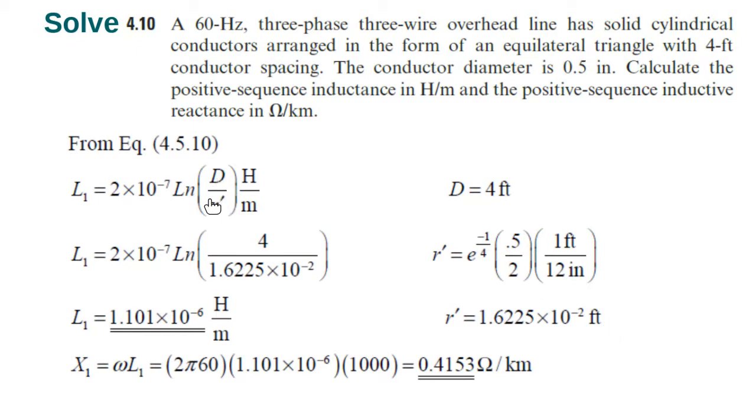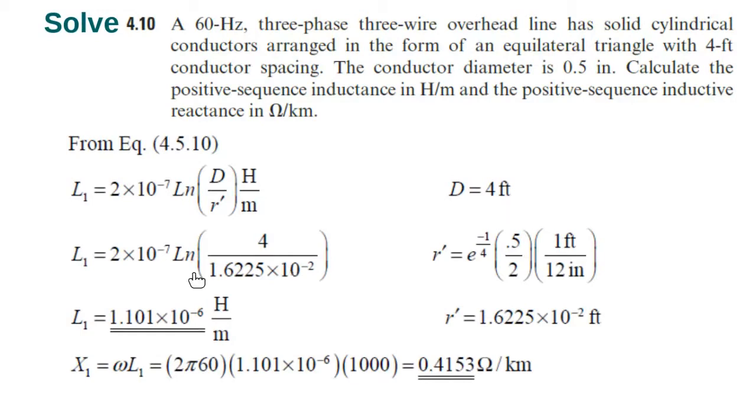So feet over feet, they cancel, and this becomes Henry per meter. So here you do not need to convert into meter because it's feet over feet. So you convert it into feet, or you convert it into inch. If you convert it into inch, it is exactly the same as feet.